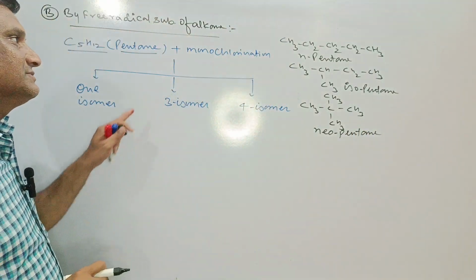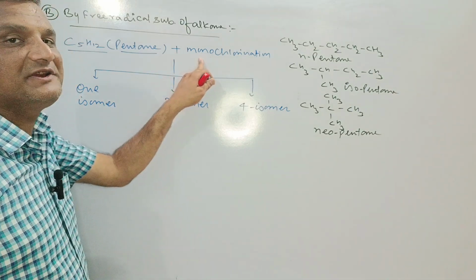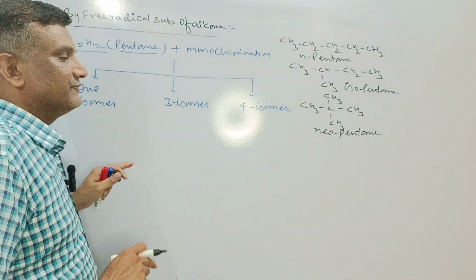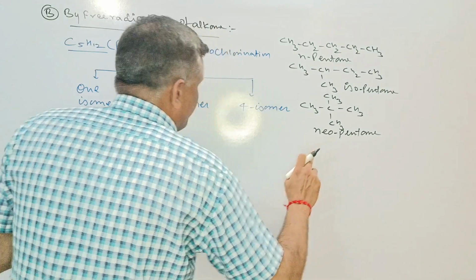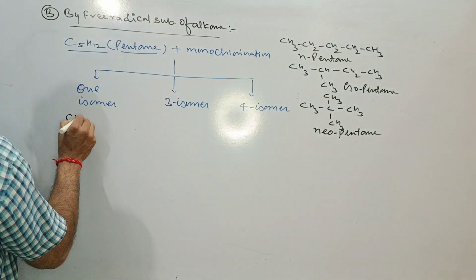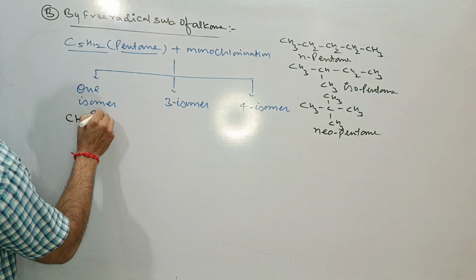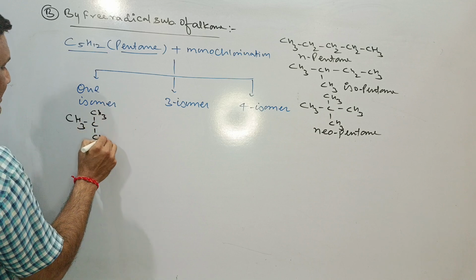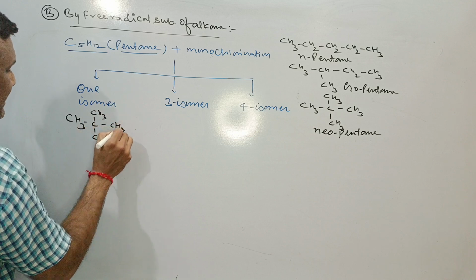He is asking just about monochlorination, which forms one isomer. So for the one isomer, we'll take just neopentane. On chlorination, neopentane has four identical positions like this.